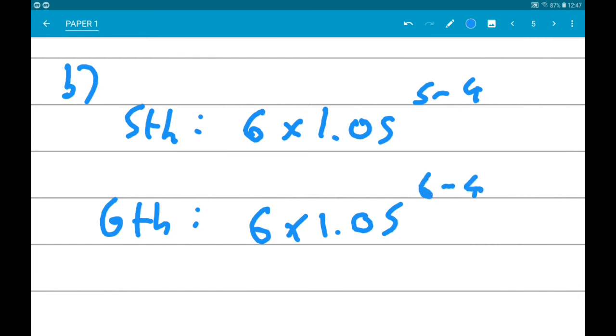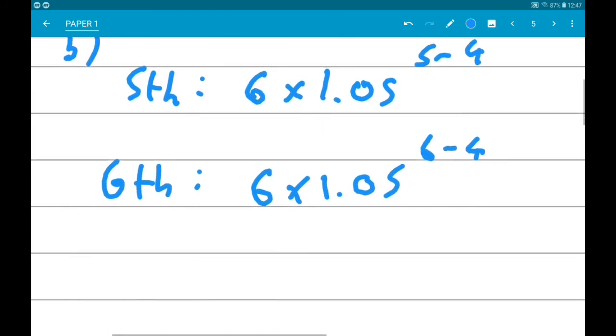Carry that on to the rth one. Well, that's just going to be 6 times 1.05 to whatever r is minus 4.